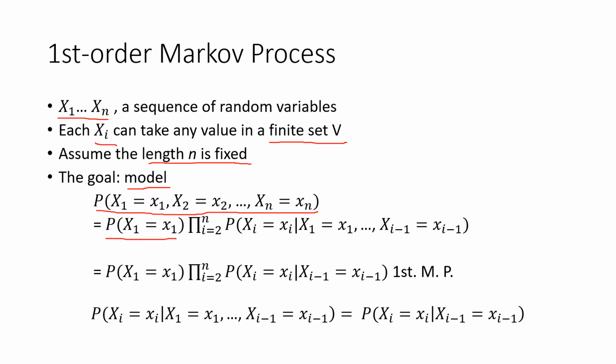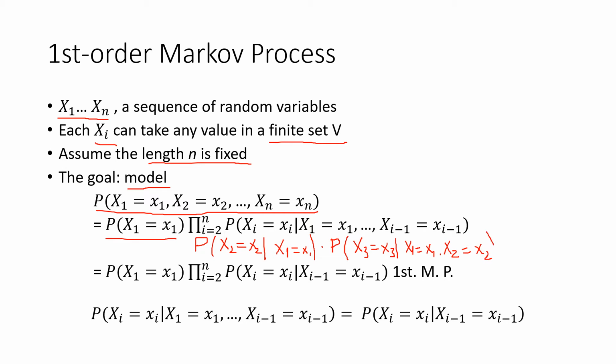For i equals 2, we'll have this term P of X2 equals x2, given X1 equals x1, that is, we have the conditional probability of the second word given the first word. Then for i equals 3, we'll have P of X3 equals x3, given the first two words, which are X1 equals x1 and X2 equals x2, and so on.